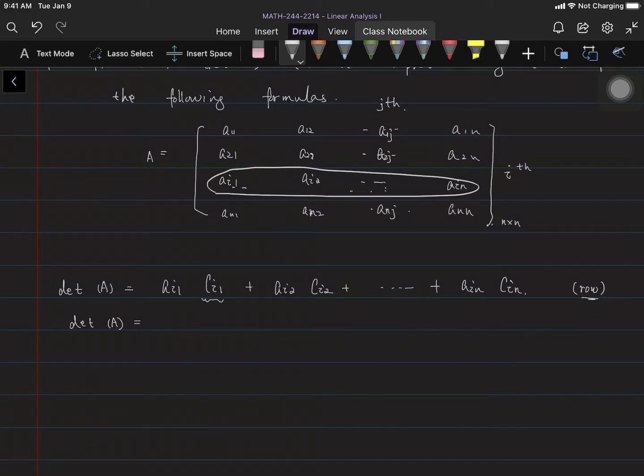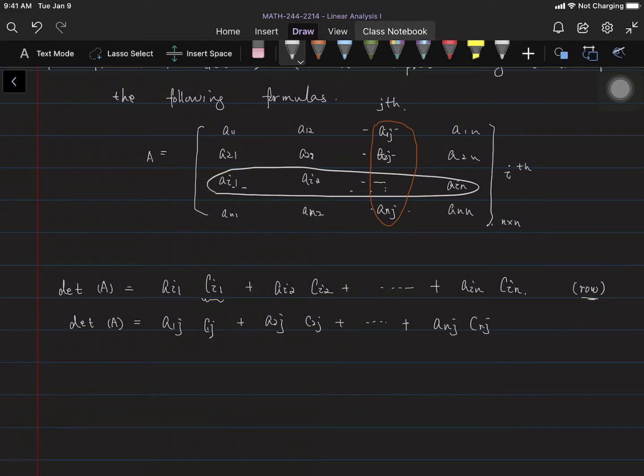So we can also use the jth column to expand. It's going to be A1j C1j, A2j C2j. Don't worry too much. The formula looks complicated, but I will show you an example. It's pretty easy, okay?